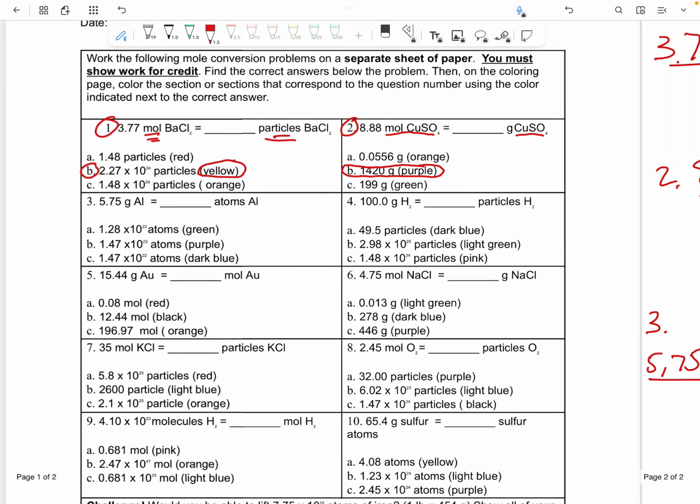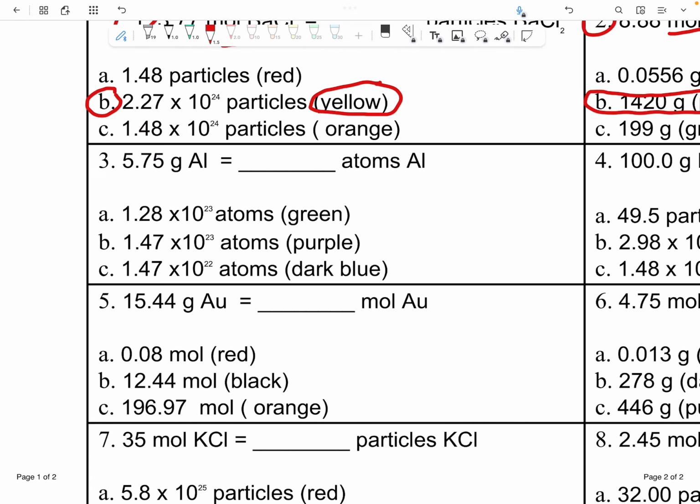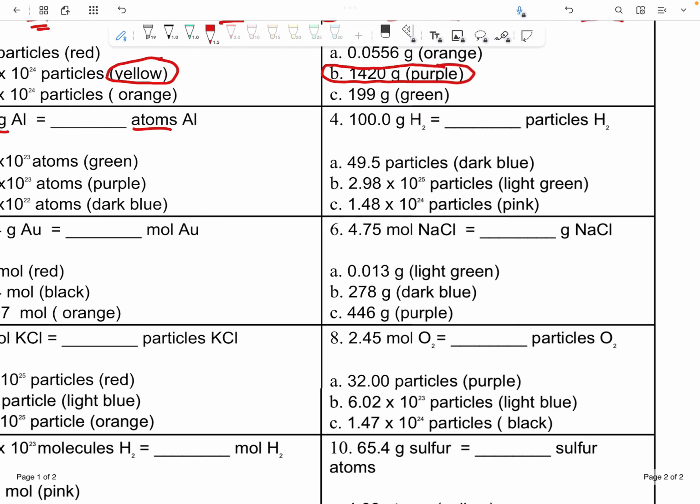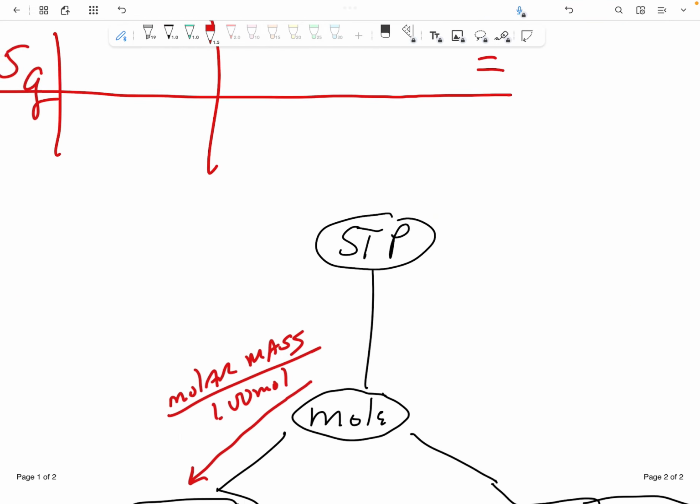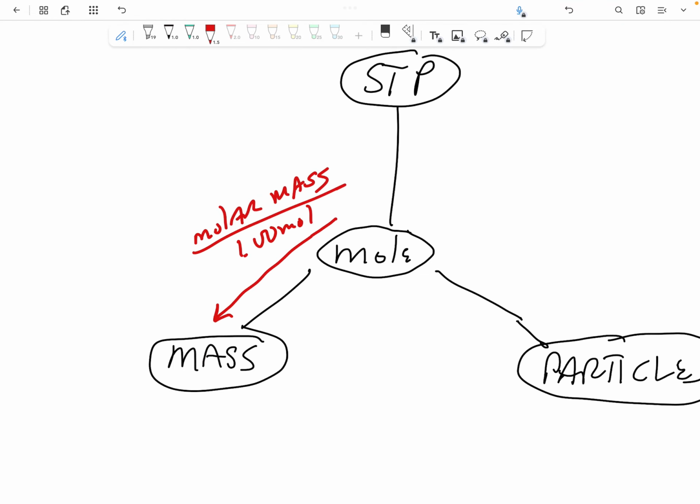But as we get to number 3, you're starting with grams, and you got to go all the way to atoms. Now, that's a two-step problem. And here's what I mean by that. Let me go down here and erase what I've got here. Okay.